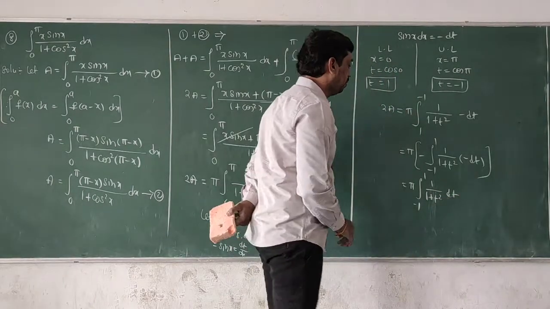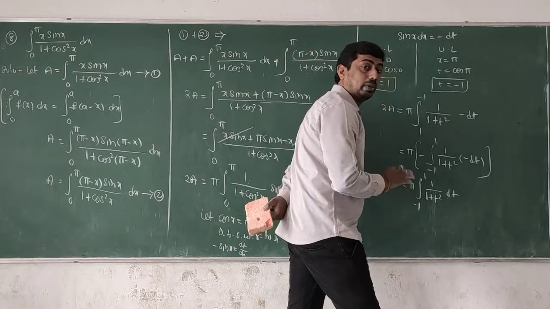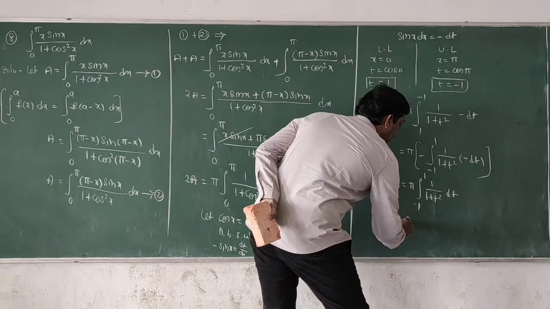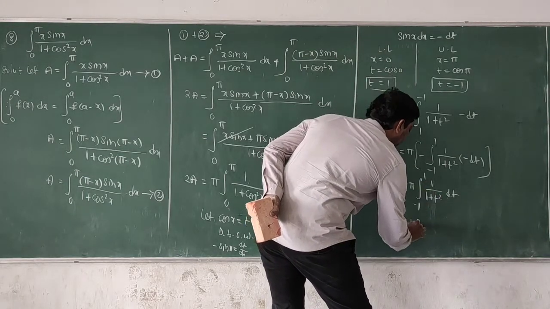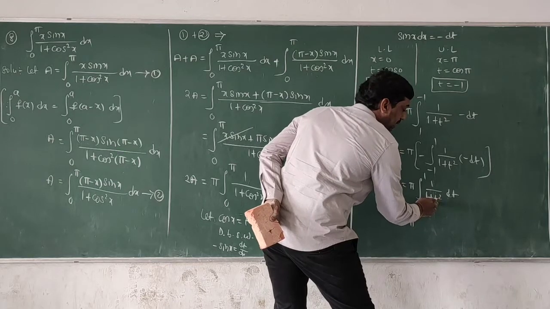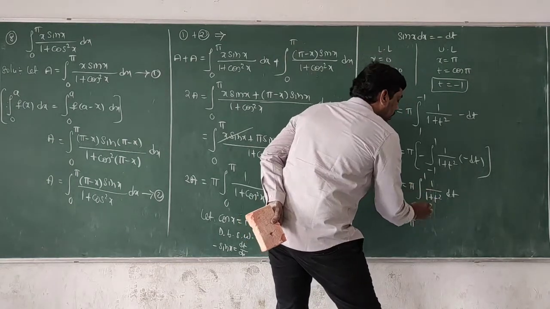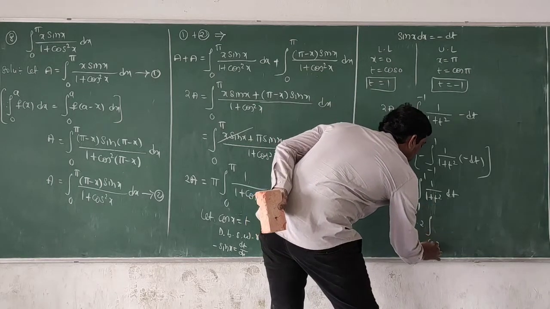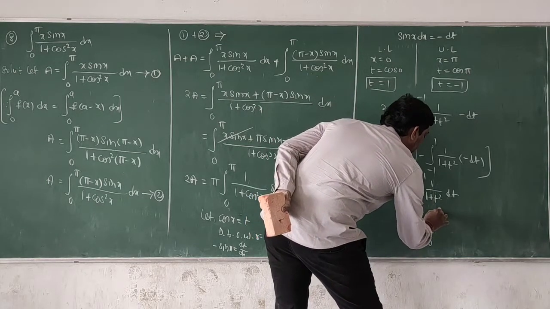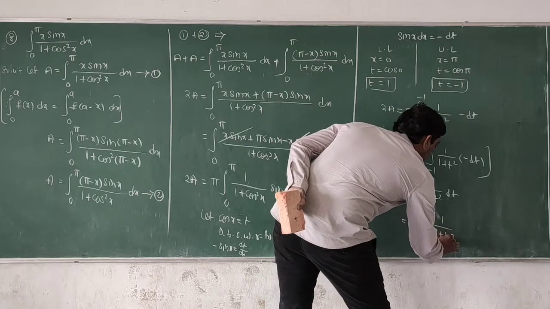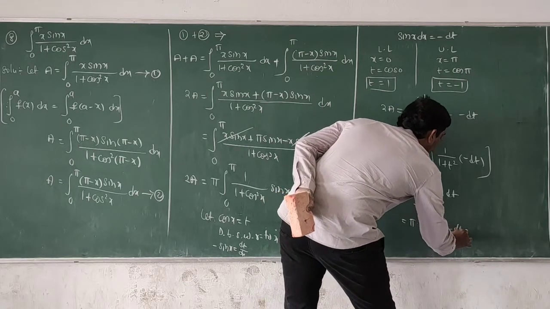Now again, the integration from minus 1 to 1. If this one is an even function, this can be written as 2 into the integration from 0 to 1, clearly since t square, minus t whole square is the same. Understood clearly?